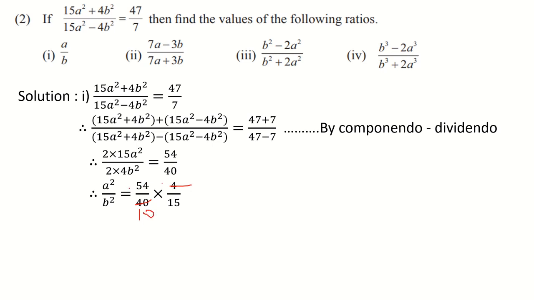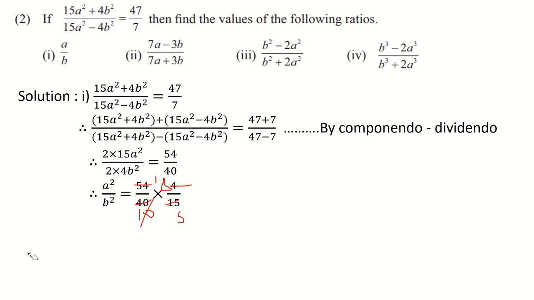Then this 54 and 15 are divisible by 3, so you can write 18 here, and here you can write 5. Again this 18 and 10 are cancelled and you get 9 upon 5 here. So 9 upon 5 into 5 is 25. This way you go for the cancellations.